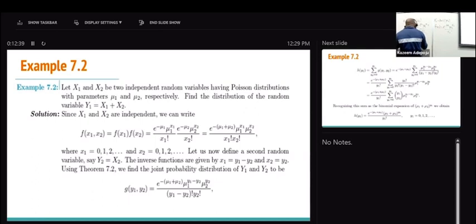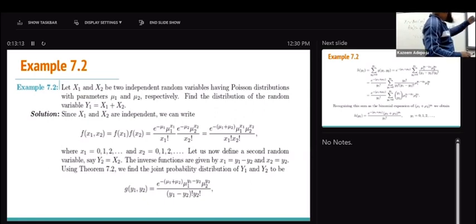Now, they wanted us to find a random variable y, which is equal to x1 plus x2. Don't forget that x1 follows Poisson and x2 follows Poisson. This is like I want to move from two variables to one, but that's not possible. We can only move from 1 to 1, or 2 to 2, or 3 to 3. Then it means I'm going to create an artificial variable.